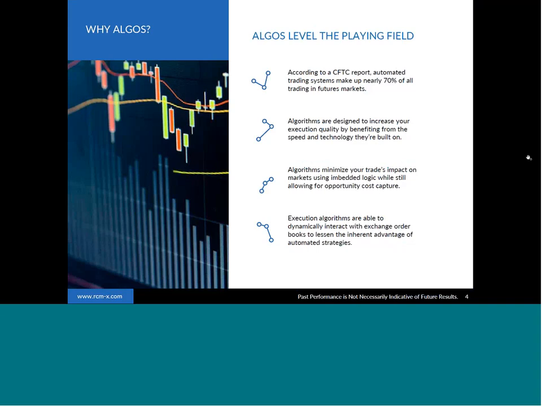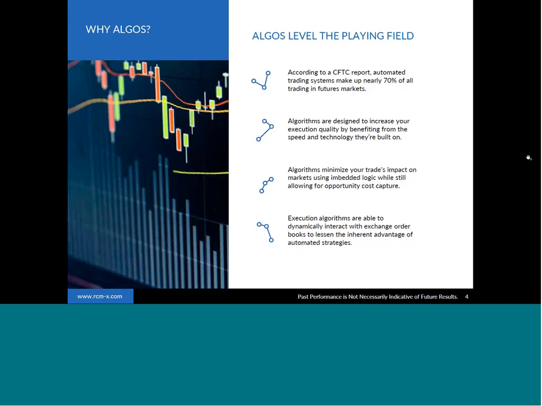So firstly, before David gets into the algos themselves, we believe algos level the playing field. According to the CFTC report, automated trading systems make up nearly 70% of all trading in the futures markets. And then secondly, algorithms are designed to increase your execution quality by benefiting from the speed and technology they're built on.